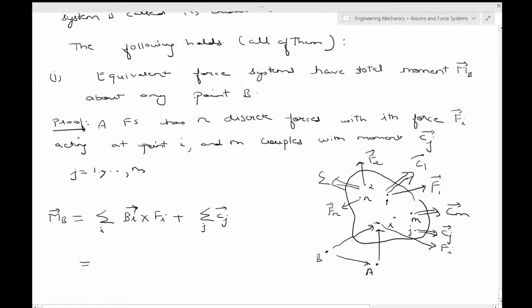Now the vector Bi can be written as Ba plus Ai, cross Fi. So this is a vector, and the Cj remains as it is.